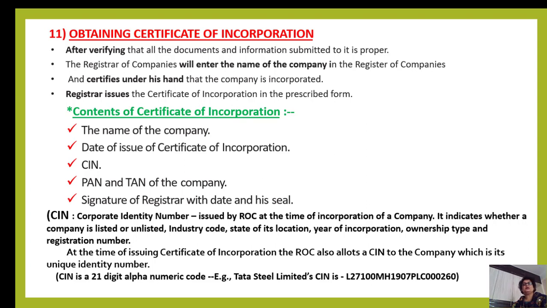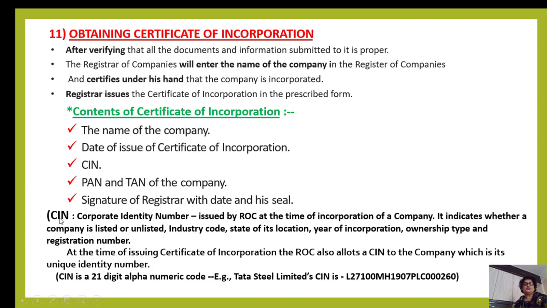The industry code is also given, the state of its location, the year of incorporation, and the ownership type, and the last one is the registration number. So at the time of issuing the certificate of incorporation, the registrar allots the CIN number.